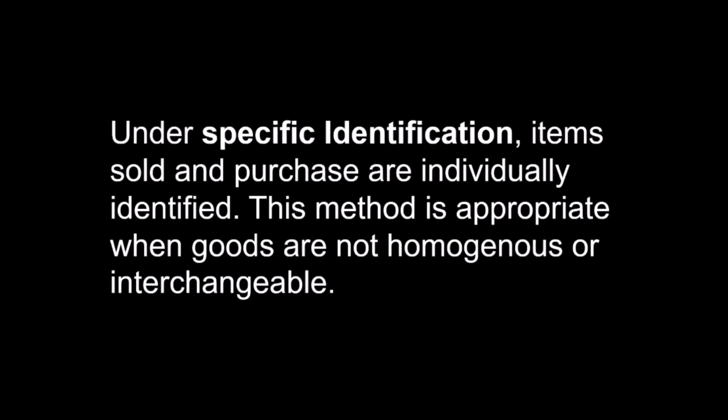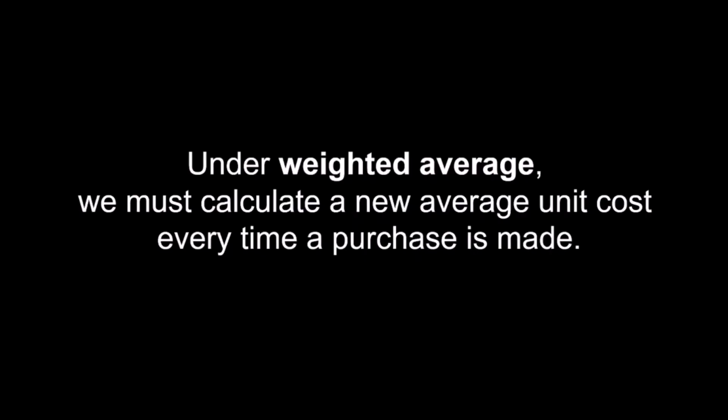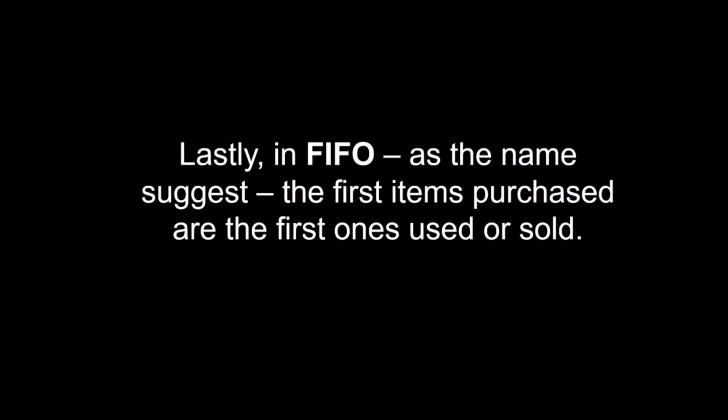This method is appropriate when goods are not homogeneous or interchangeable. Under weighted average, we must calculate a new average unit cost every time a purchase is made. Lastly, in FIFO, as the name suggests, the first items purchased are the first ones used or sold.